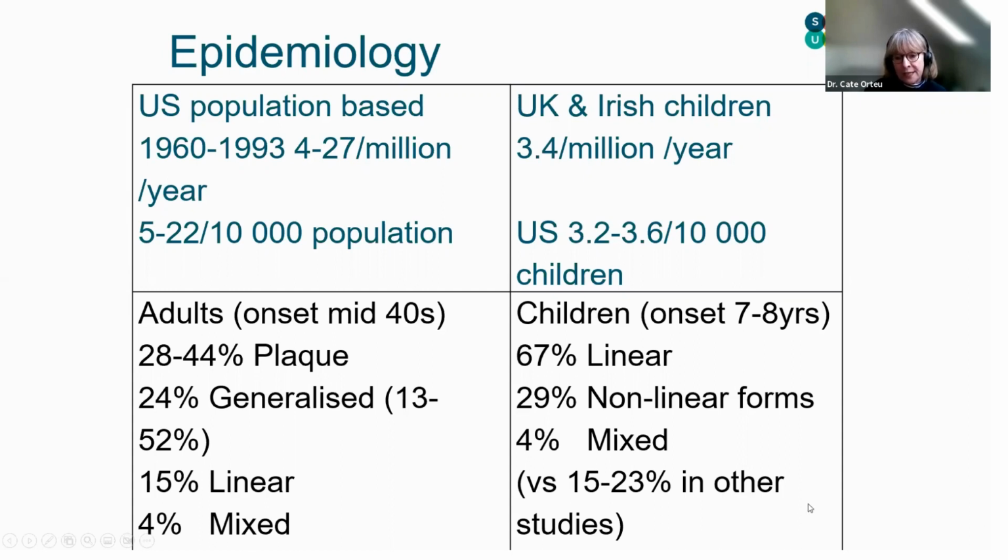Overall, in studies in children, about 15 to 23% have what's called a mixed pattern of Morphoea. They may have a combination, the commonest being linear and plaque Morphoea, so that's not uncommon.